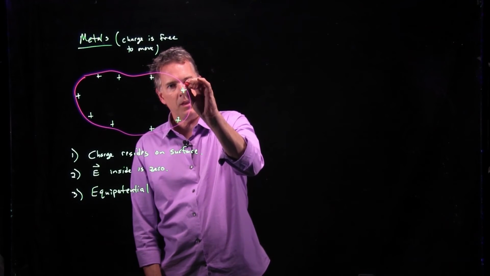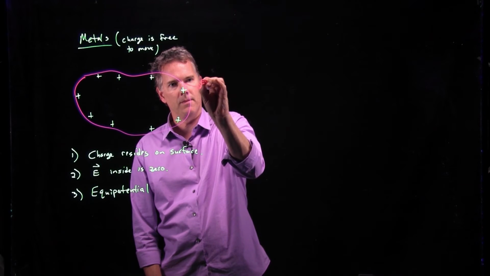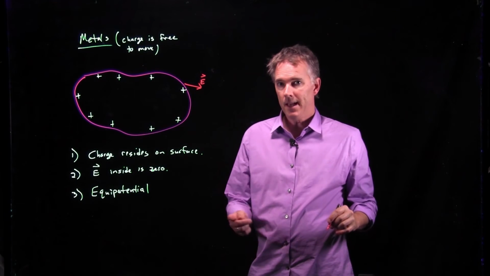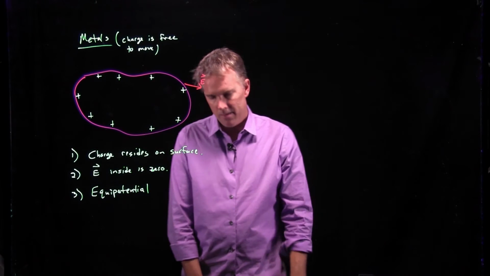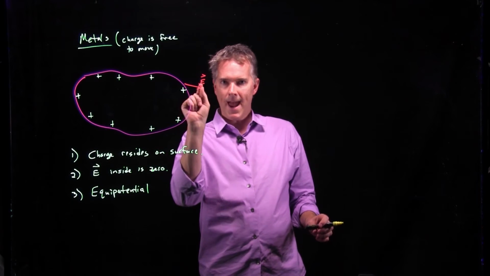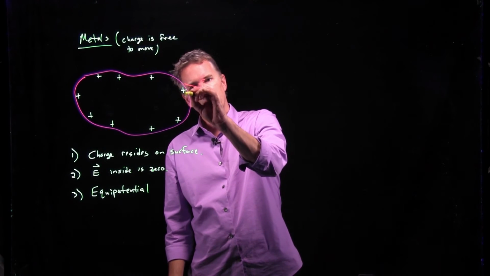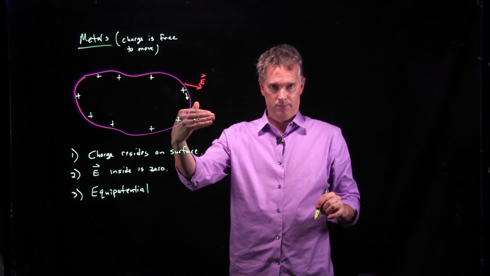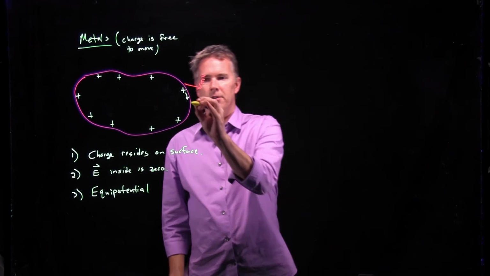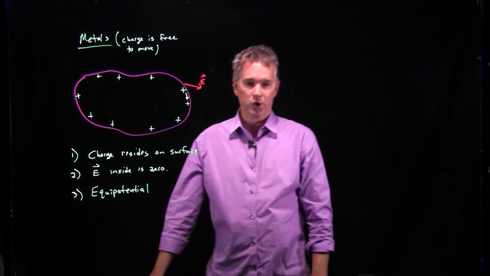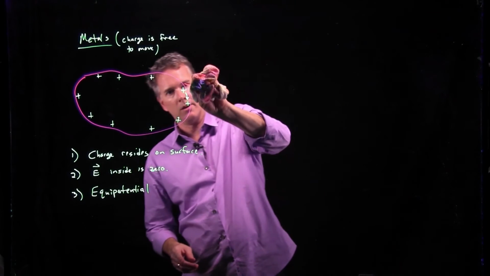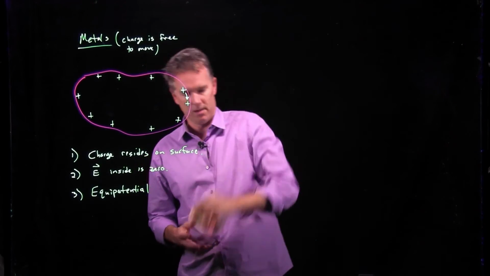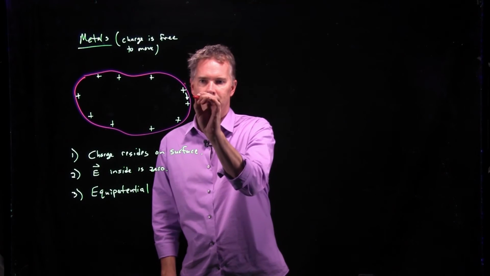Let's say it was pointing this way. If it was pointing that way, that means that the charge at the surface would feel a little bit of a force and would move. And when it moved down to this position, it would correct the electric field and make it perfectly outward again.